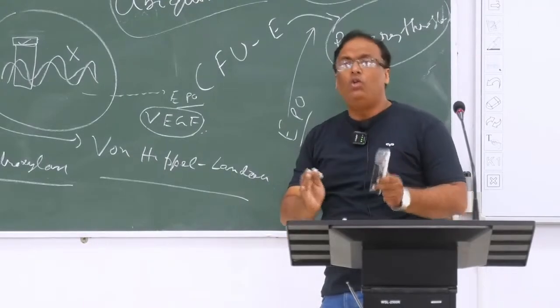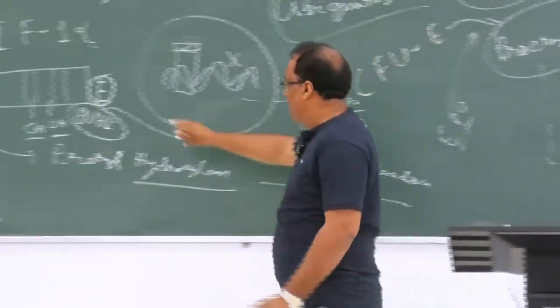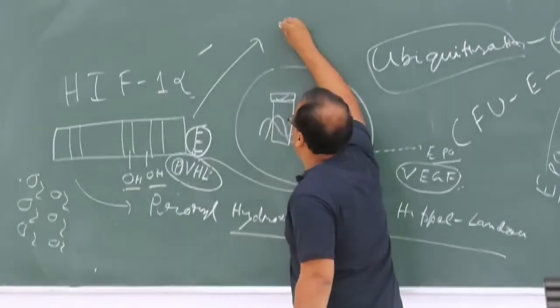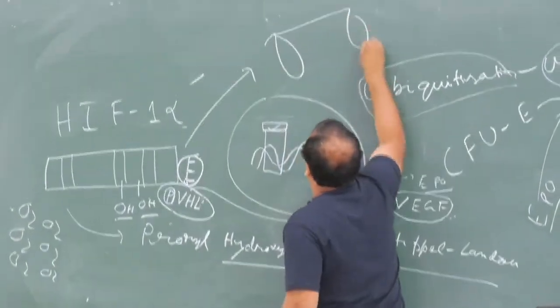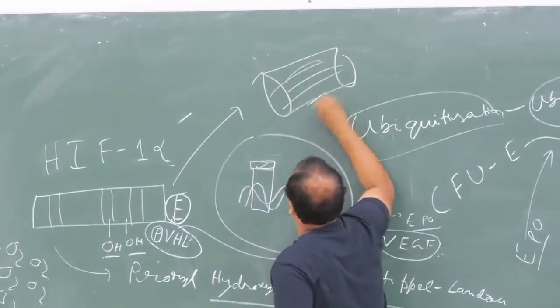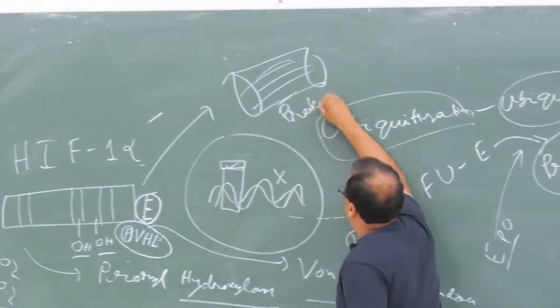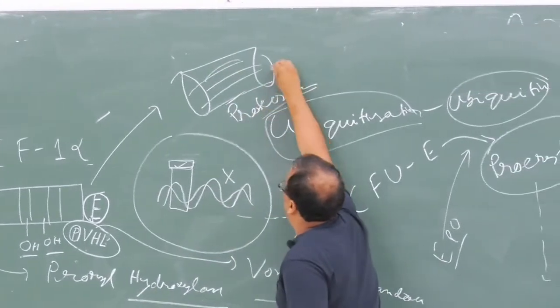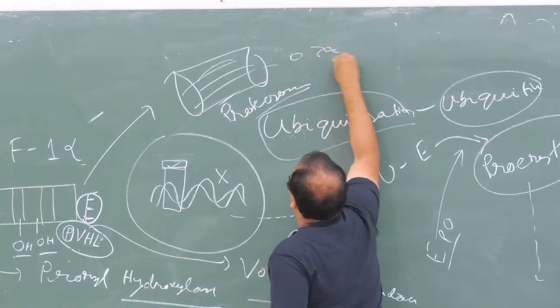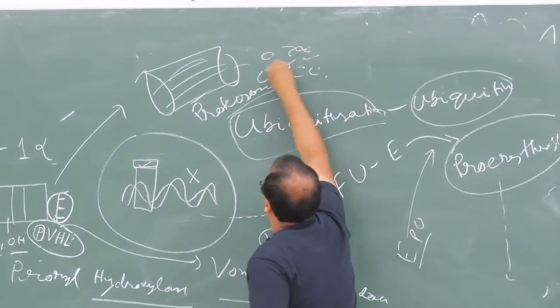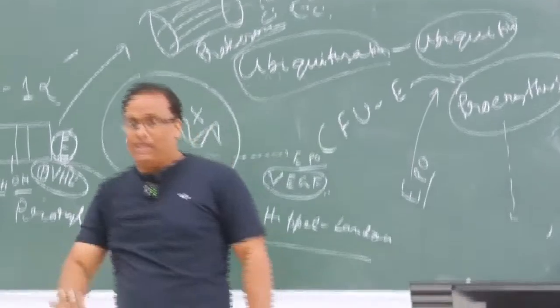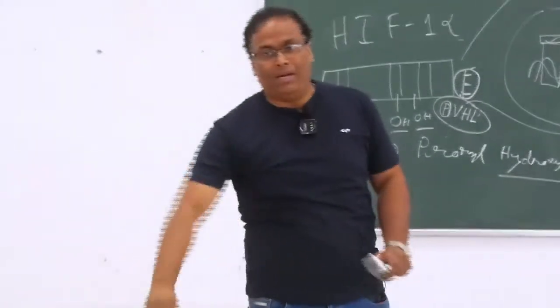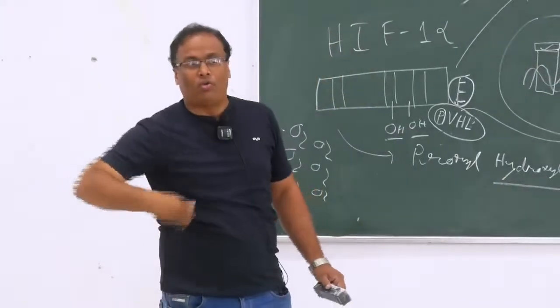It is a term you will learn in biochemistry. Then only it will be degraded by the proteasome. This is the proteasome, and the HIF1 alpha that was made is broken down. So what happened? I did not get 1 alpha in the presence of oxygen.